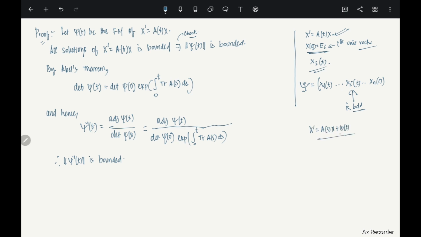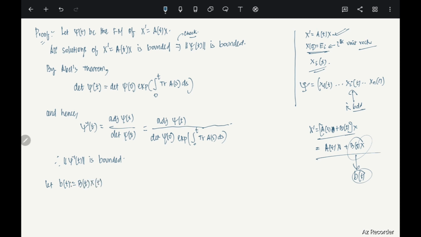You can write it like this: A(t)x plus B(t)x. Now this part, let us put it as small b(t). You remember we did the exact same thing when we did the constant coefficient case. We are going to do the exact same thing here. So let b(t) be nothing but capital B(t) times x(t).